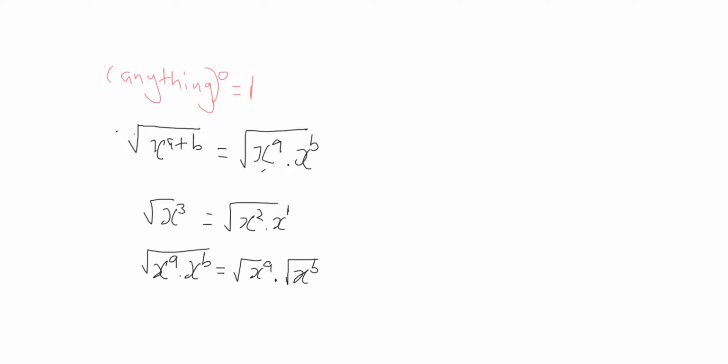Now, let's say you have the root of x to the power of 2 multiplied by x to the power of 1. This can be written as x to the power of 2.